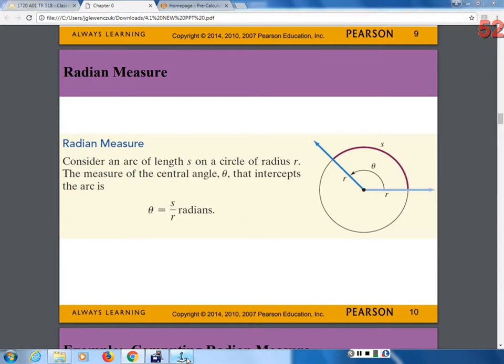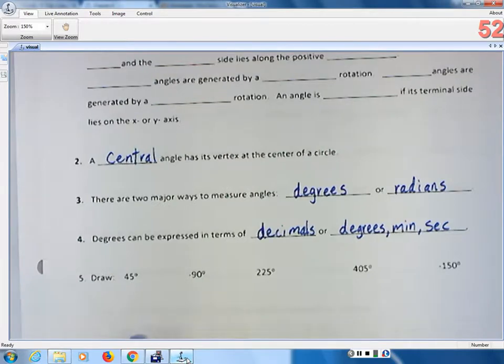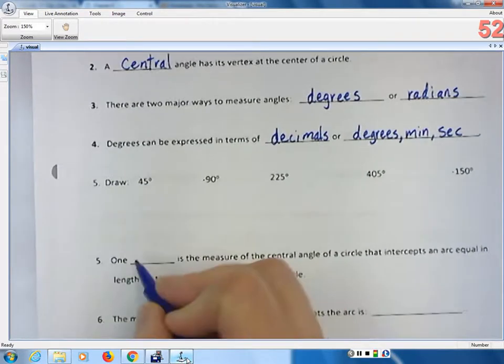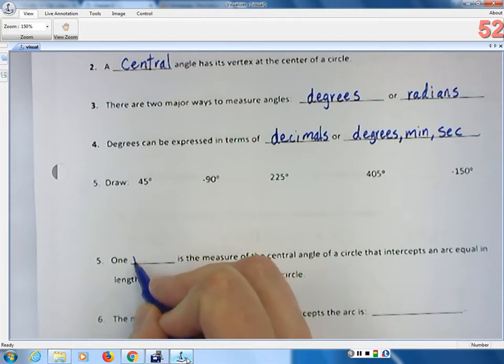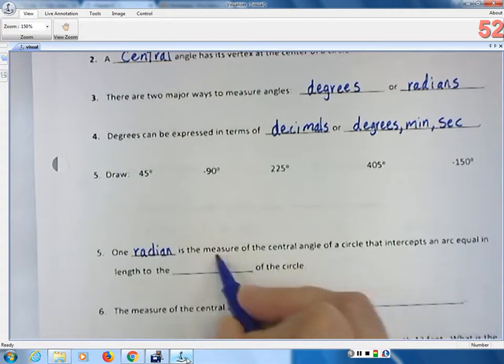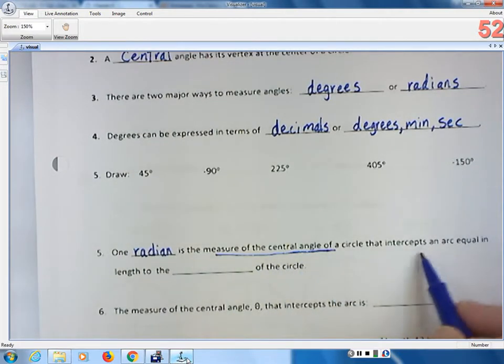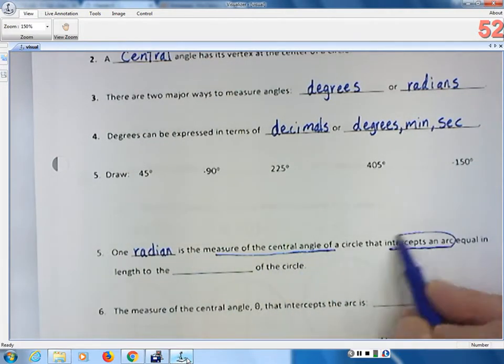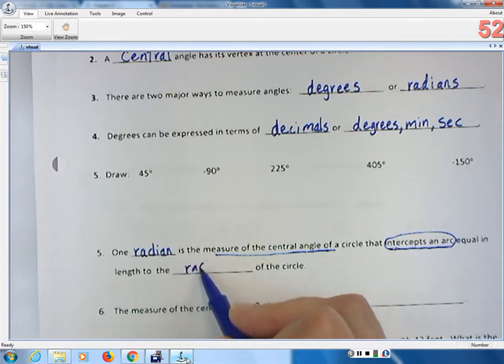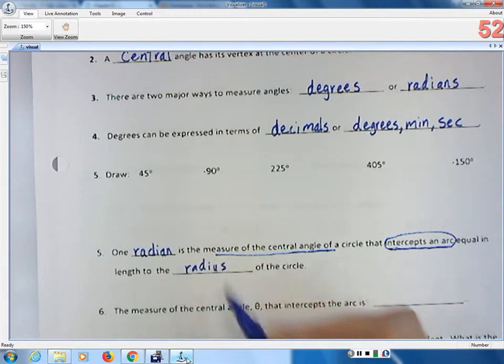I need to draw some. This is the definition of radians right here. 1 radian is the measure of the central angle of a circle that intercepts an arc equal in length to the radius of the circle.